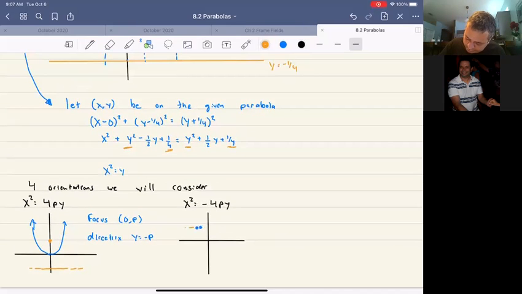Here we're going to have a directrix at y equals p and the focus at (0, negative p). Again, it moves away from the directrix around the focus.